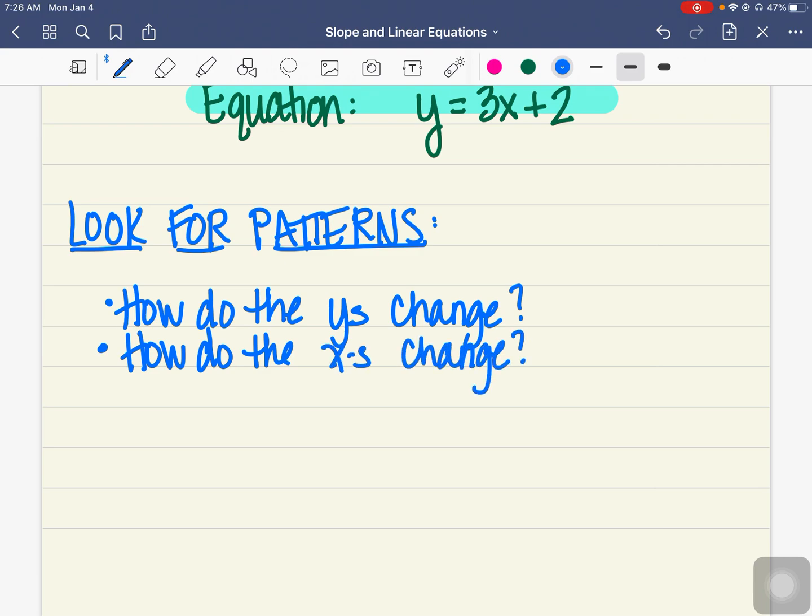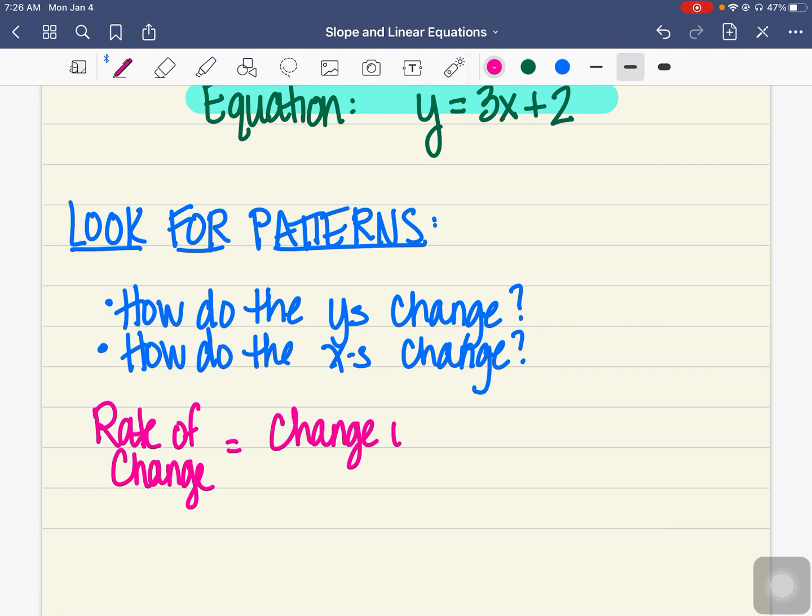All right. And the reason I said y first is to get the rate of change, or sometimes they call it slope. We do the change in the y's, so the y's go on top over the change in the x's. This is also called the slope.